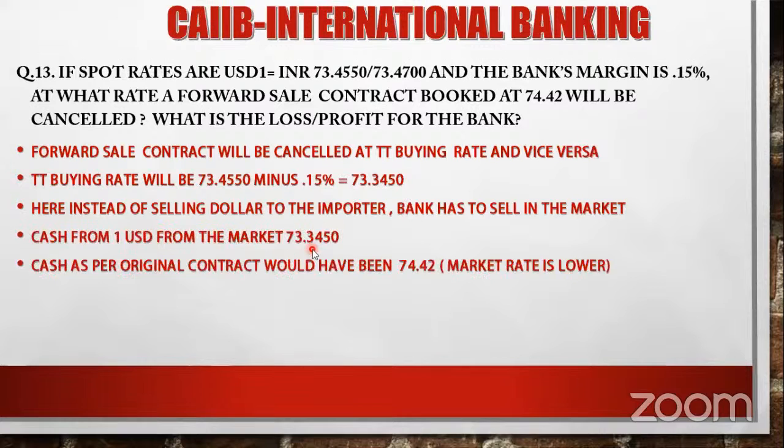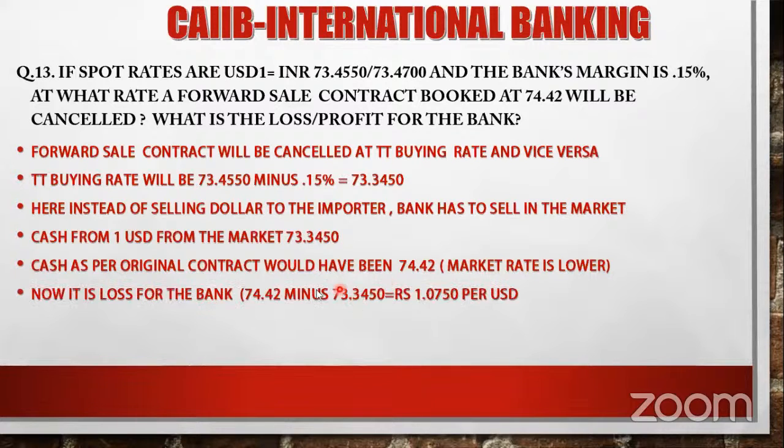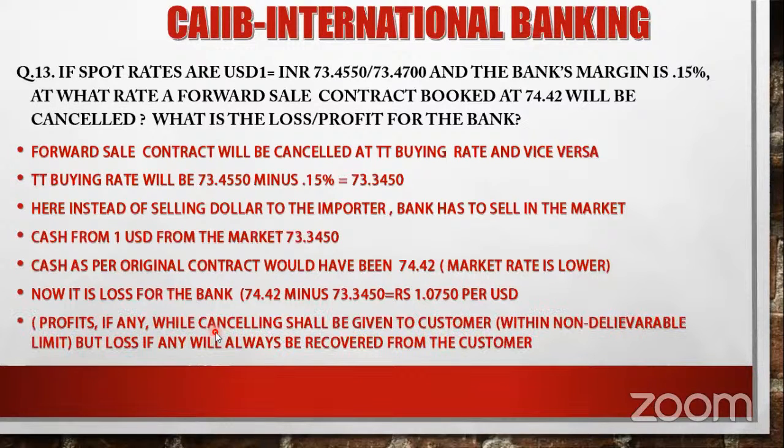So the loss is 74.42 minus 73.34.50. That means the loss will be 1 rupee 0.750 paise per dollar. Put your calculator, 74.42 minus 73.34.50, carefully. You'll get 1.0750 as the loss, which will be recovered from the customer.